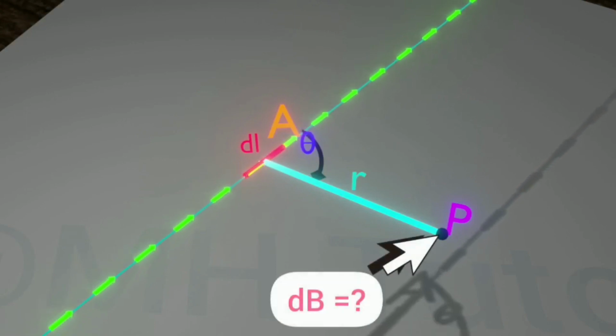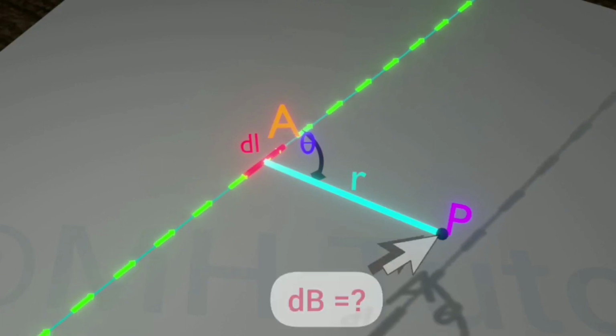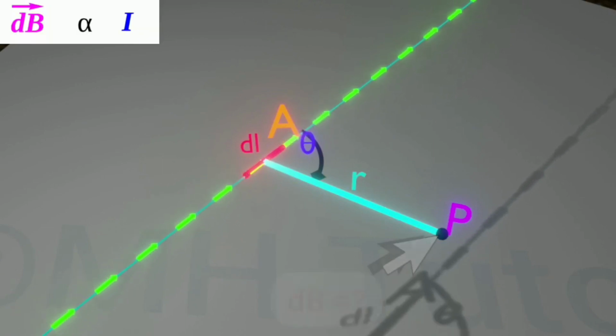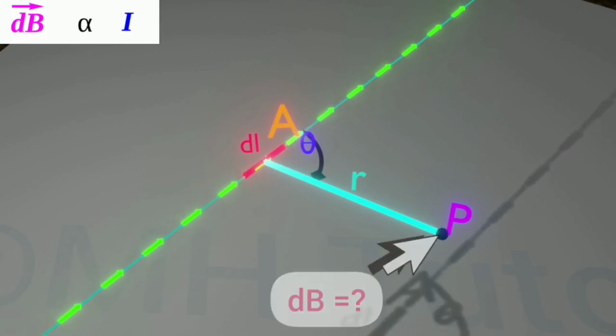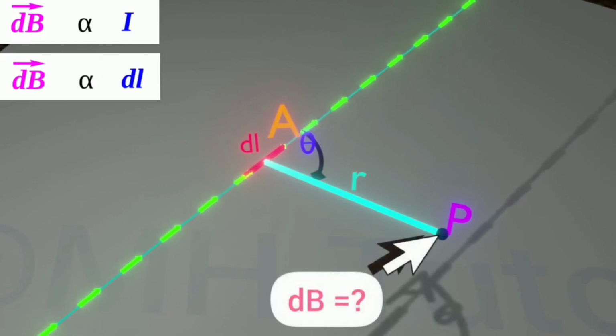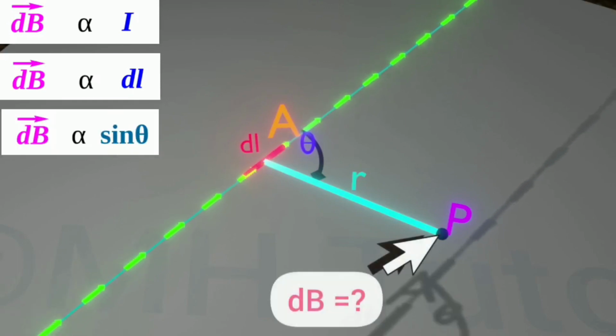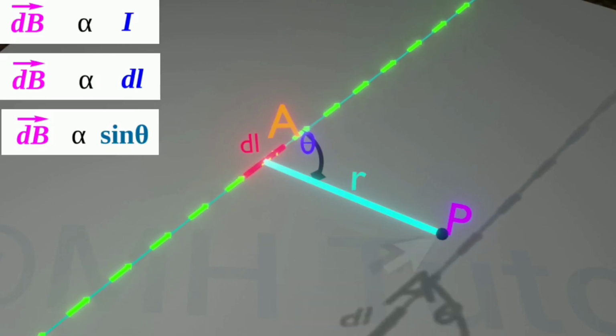If the produced magnetic field at P is dB, then Biot-Savart law says dB is proportional to I, the amount of current flowing through the wire, to the length of the portion of the wire, which is dl, to sine theta, where theta is the angle formed by dl and r.